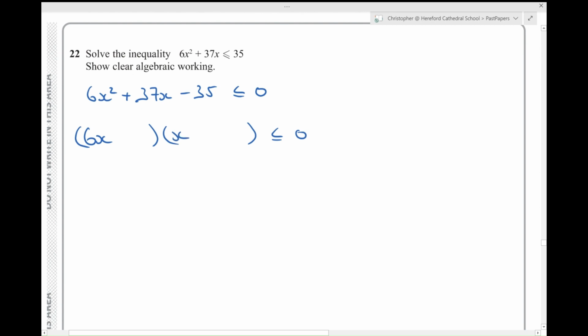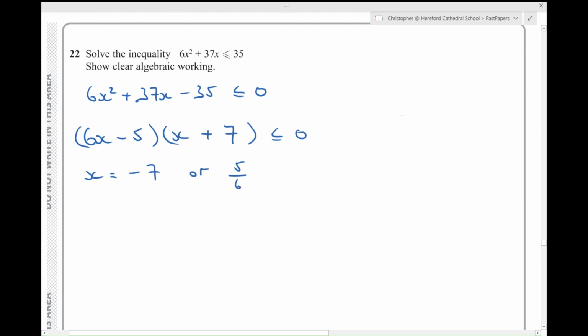7 5s are 35, aren't they? I'm going to need to have one of them plus and one of them negative because they multiply to minus 35. If I try my 7 5, so I could have plus 7 there, that gives me 42 x's, so I'd need minus 5 here, and minus 5 times plus 7 is minus 35, so that works. Okay, so my solutions are going to be x is minus 7 or 5/6.